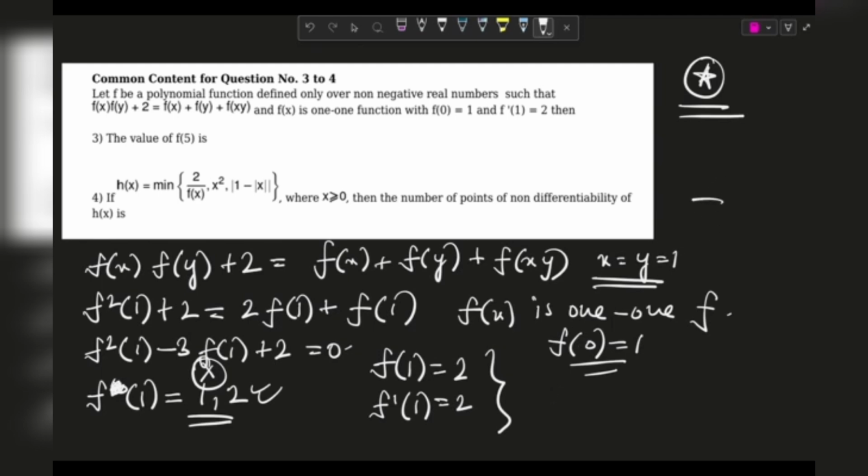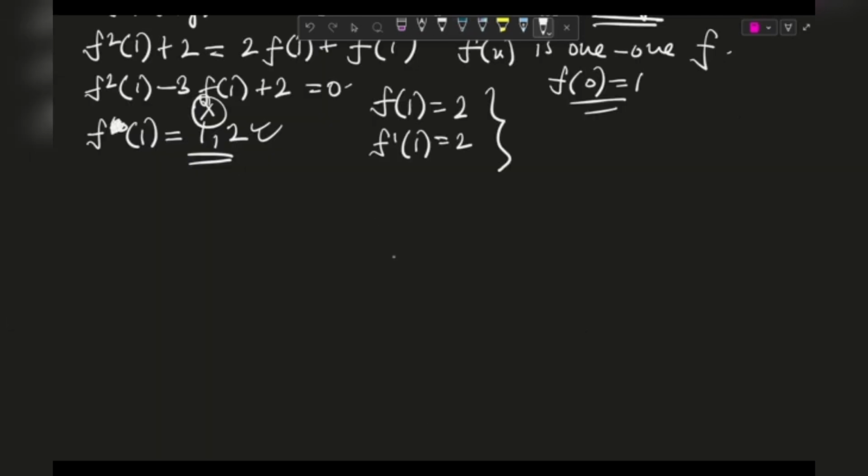Because if you observe question 4, we need to draw graphs. So we'll need f of x. So I will change the page once. If we try to find out f of x, I will do a small trick. I will substitute y as 1 by x. It's possible here, where it will give a good result.